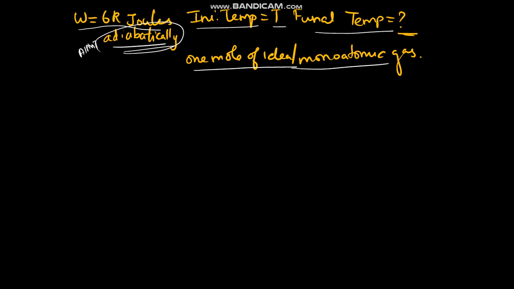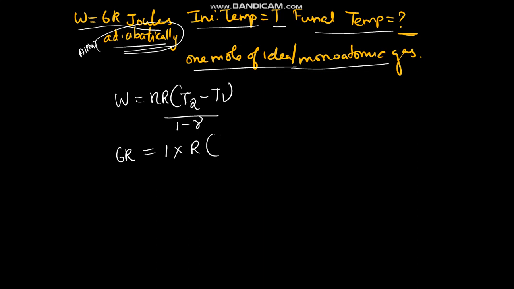So adiabatic process work done is nR (T2 minus T1) divided by 1 minus gamma. So work done is 6R joules, into number of moles 1, into R, into final temperature you want to find, initial temperature is T1, divided by, for a monoatomic gas, 1 minus 5 by 3. So this R and this R get cancelled.